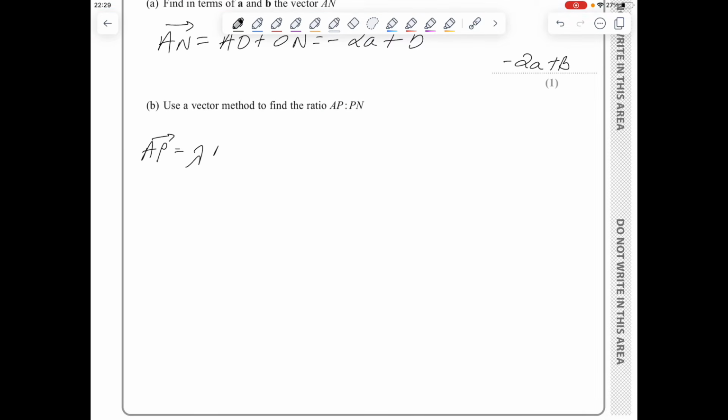So lambda AN. Now we found AN in part A, so I've got lambda times minus 2a plus b. If I expand, I'll get minus 2 lambda a plus lambda b.